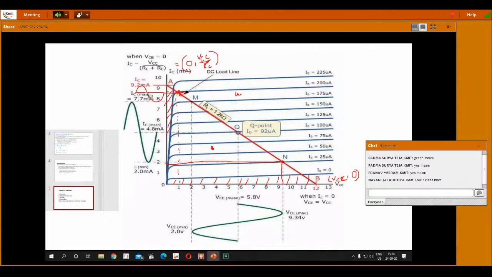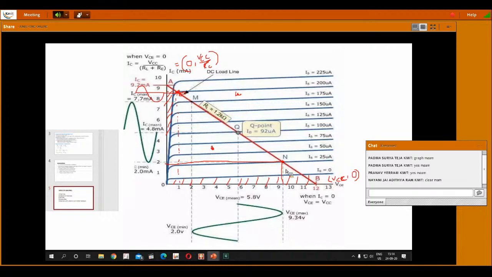So distortion takes place if I place my operating point near saturation. I said you can put your operating point anywhere, but why we should put it exactly at the midway of the DC load line is discussed now. If I place it near the saturation region, one part of the signal is clipped off, only half is transferred, so our output is distorted.